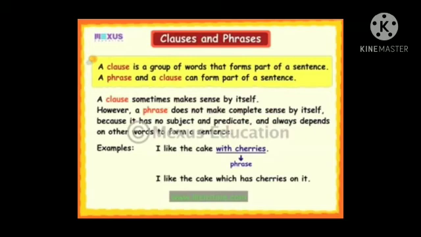However, a phrase does not make complete sense by itself because it has no subject and predicate and always depends on another word to form a sentence. See the example: I like the cake with cherries. Here, with cherries is the phrase. As a clause, the sentence would be: I like the cake which has cherries on it. So, this is the example.